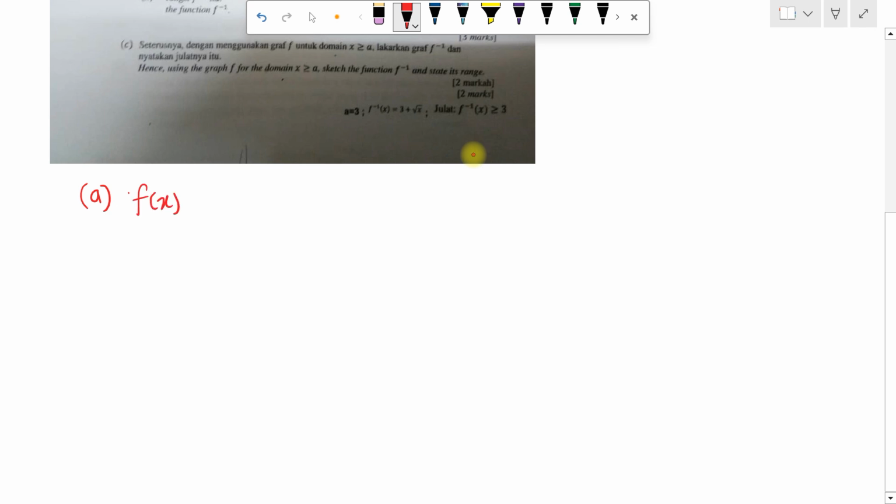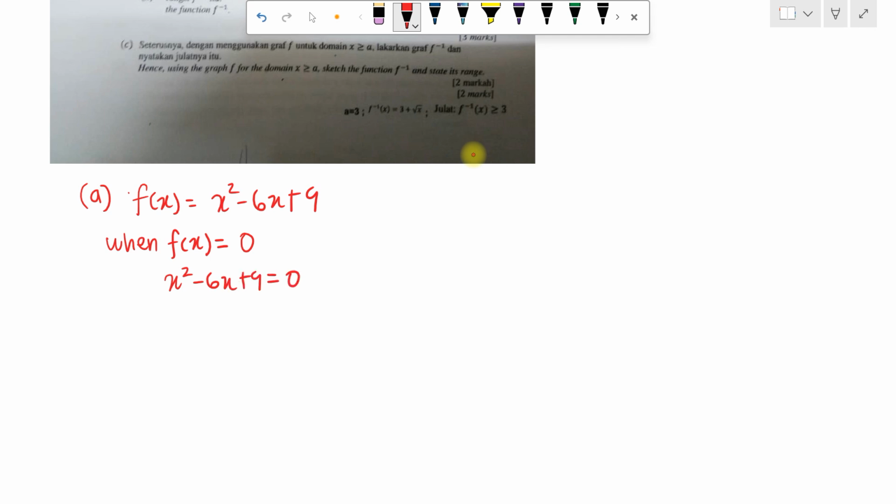Okay, f(x) is equal to x squared minus 6x plus 9. So you already know that when f(x) is 0, then x squared minus 6x plus 9 equals 0.